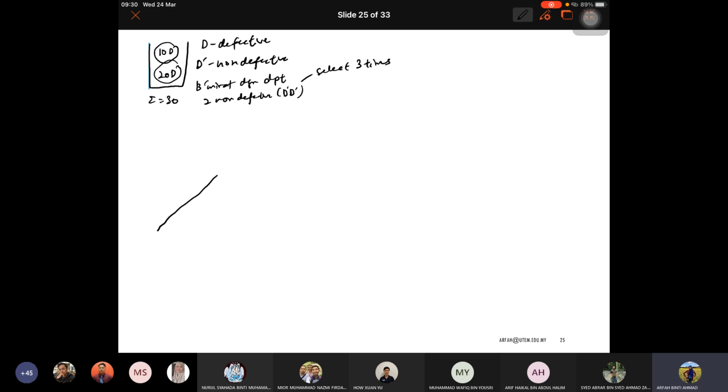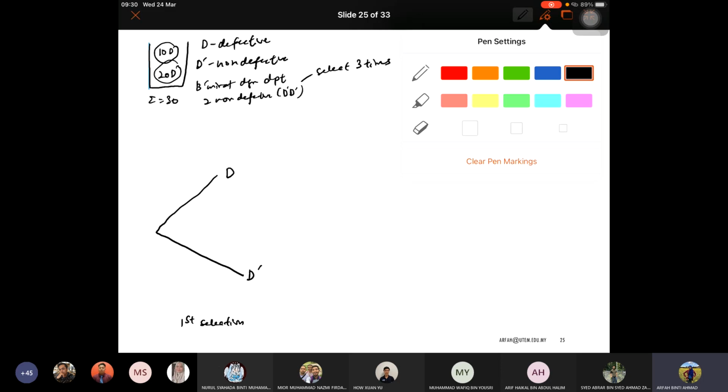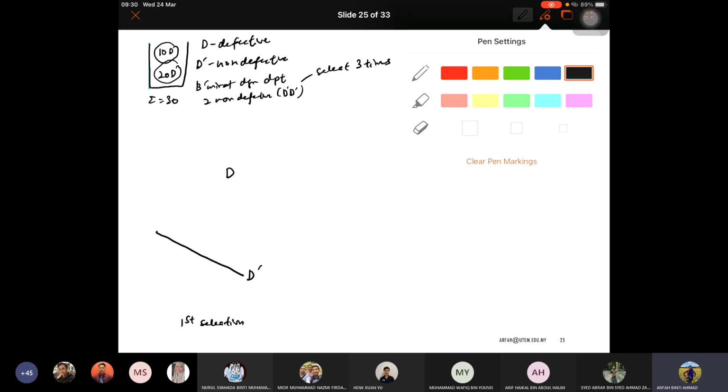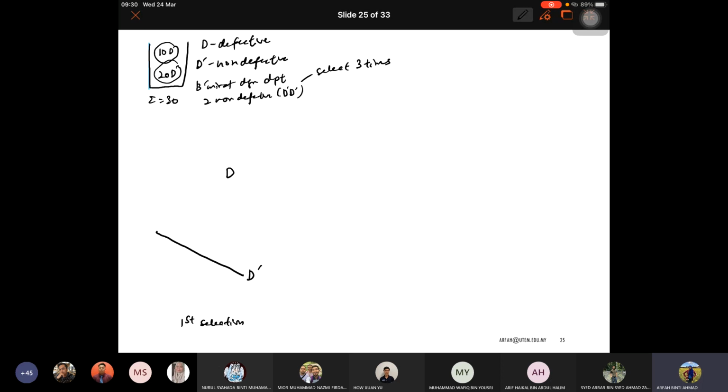So kalau kita buat dia punya tree diagram, awak akan dapat defective atau non-defective. Ini adalah first selection. Okay, nak keluarkan kali pertama. So you can get either defective or non-defective. Okay. So nak keluarkan kali pertama, kebarangkalian dapat defektif untuk kali pertama berapa? 1/2?